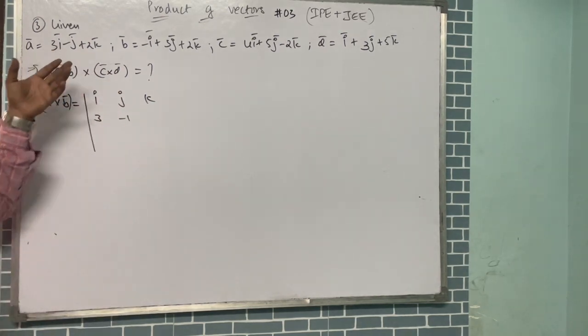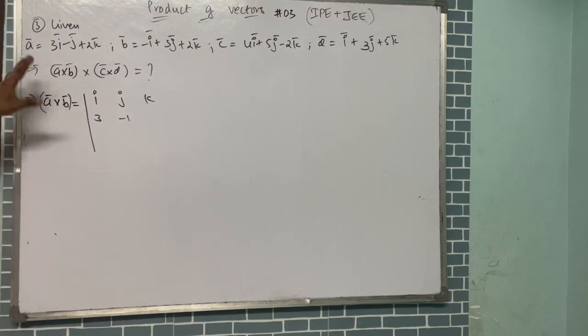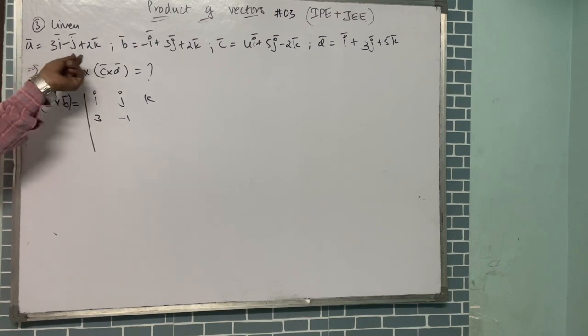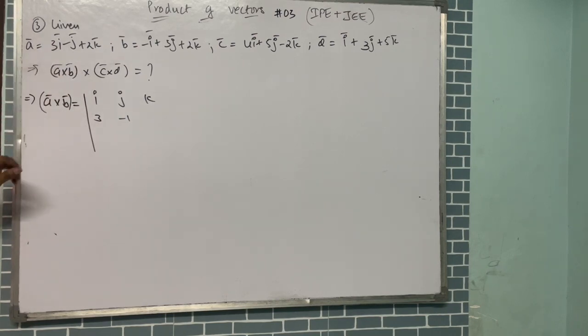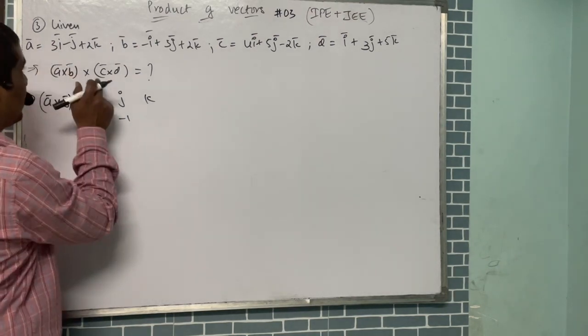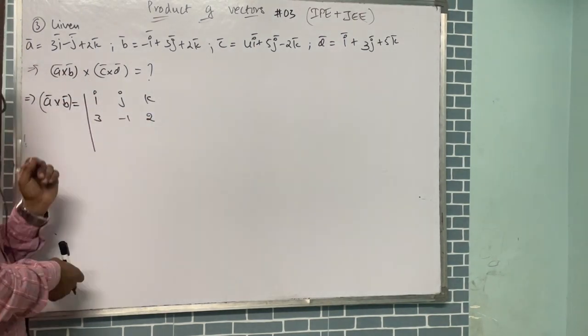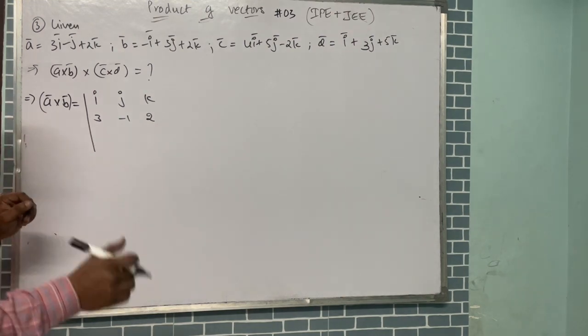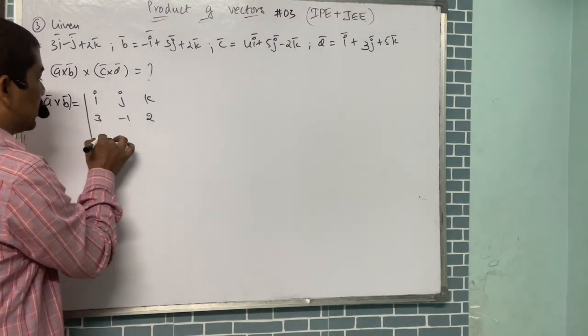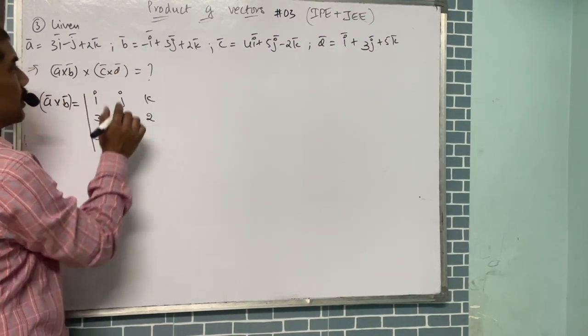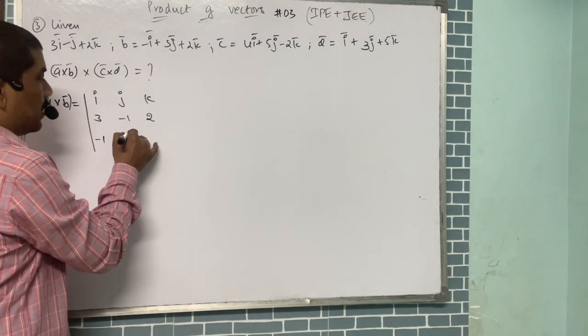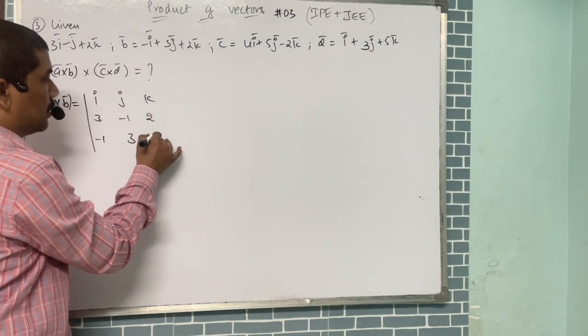Sometimes we call them components, sometimes as being habituated, we simply call them I parts, J parts, K parts. Okay? So I component is 3, J component is -1, K component is 2. The correct word is component. B: I component is -1, J component 3, K component 2.